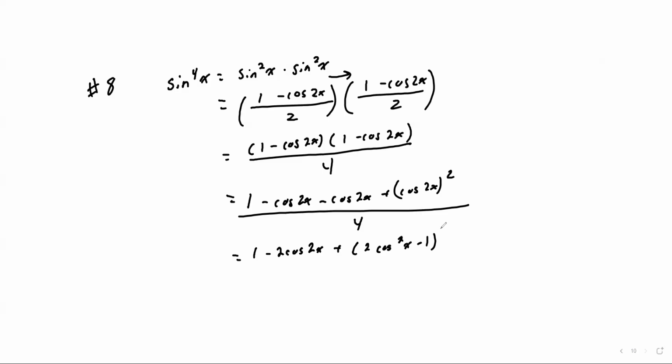So again, the question stated that it wanted me to keep it in terms of cosine. So now when I do this, I'm going to expand that again, so that when I do that, this will give me a 4 cosine to the 4th x minus 2 cosine.